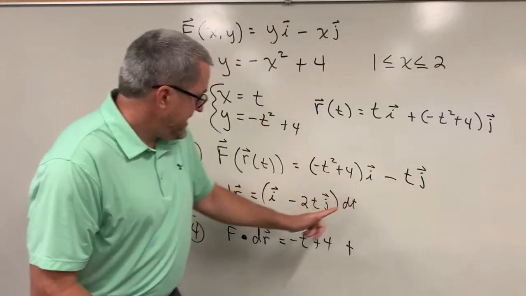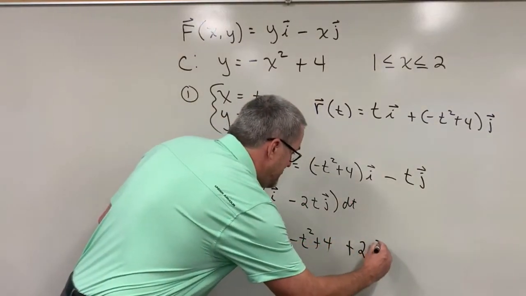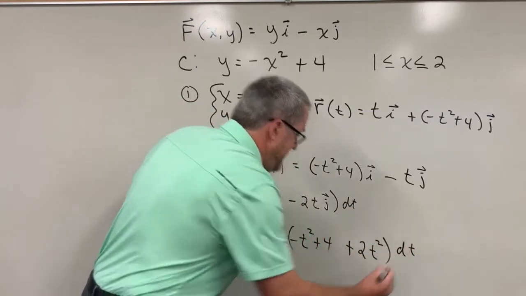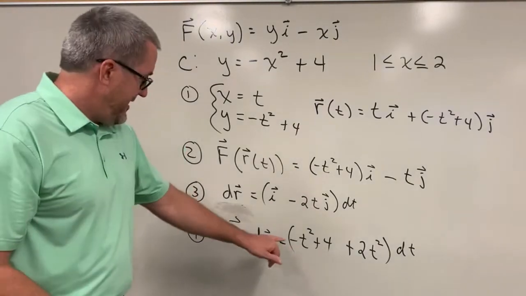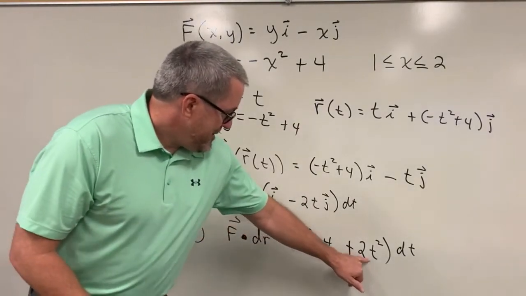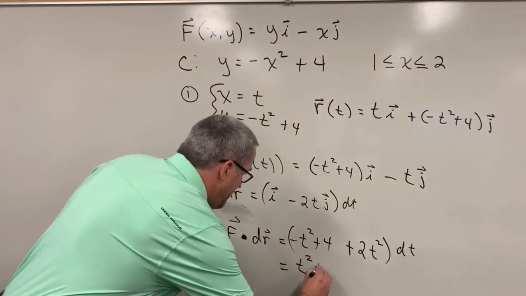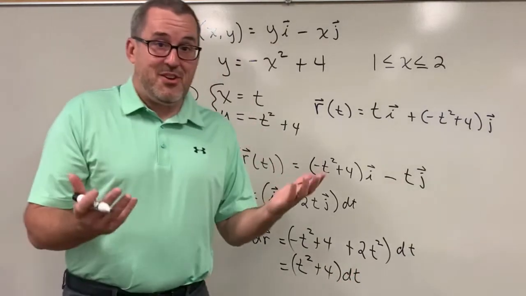So it's negative t and negative 2t, so it's plus 2t squared. And then don't forget our differential dt. Let's just do one more quick step of simplifying here. Negative t squared plus 2t squared is going to be positive t squared plus 4. So there's our dot product.